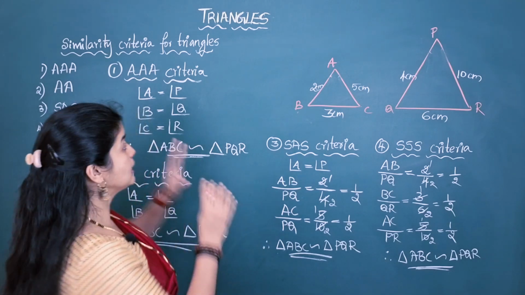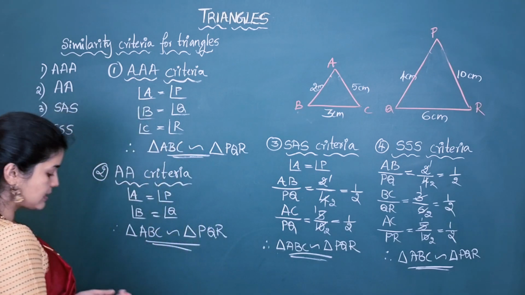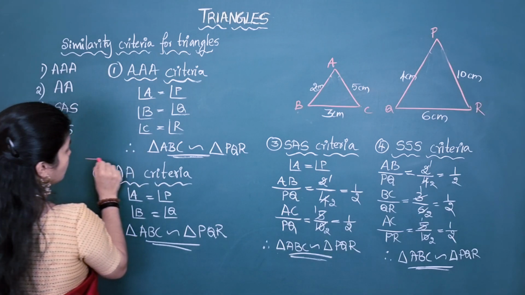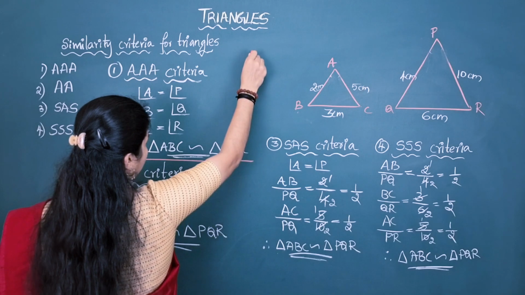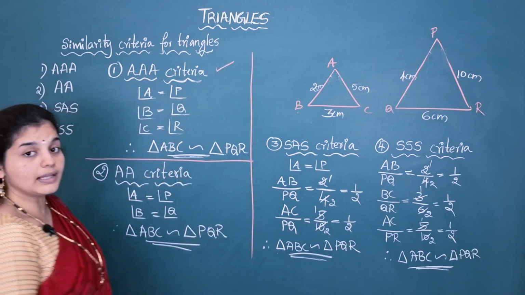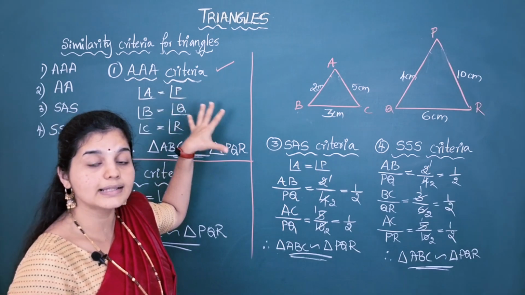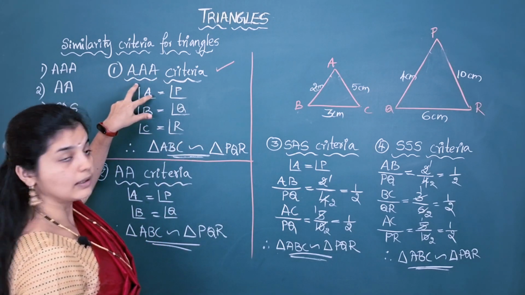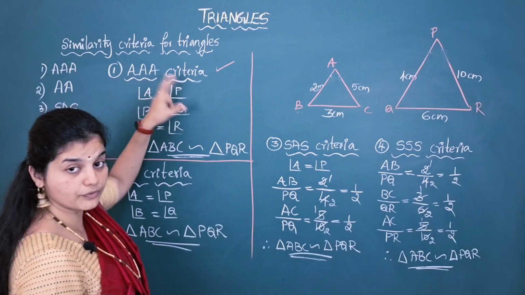So, similarity criteria for triangles. The first one we have discussed is AAA criteria, where the corresponding angles of the two triangles are equal. So corresponding angle 1 is equal to angle 1 of the other triangle.